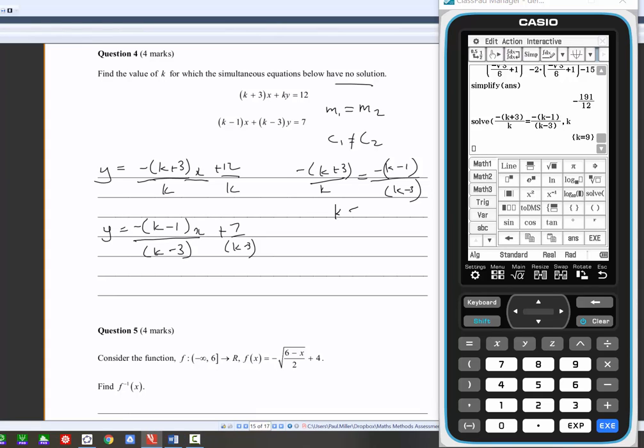Okay, so that's k equals 9. Now we're going to pair up these things here, which is 7 over k take 3 equals 12 over k. Going to do that on the calc as well.